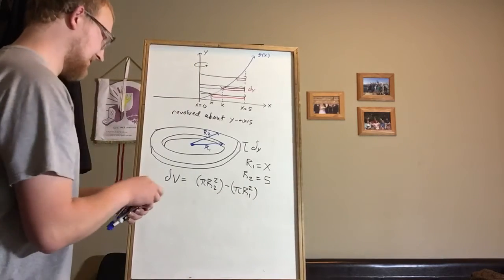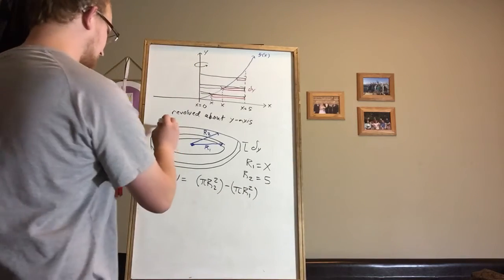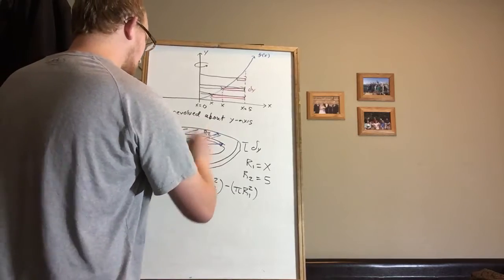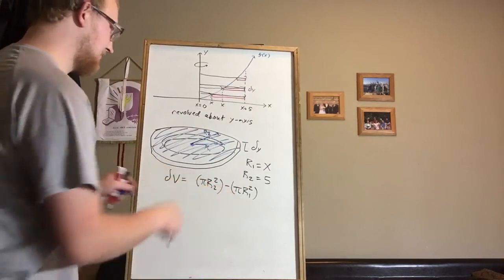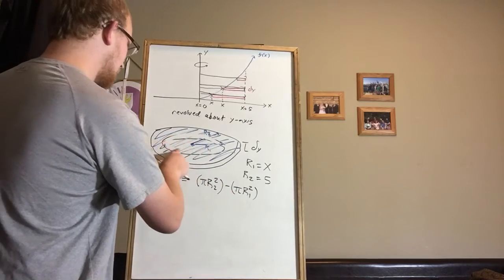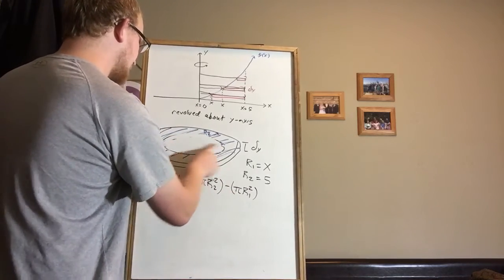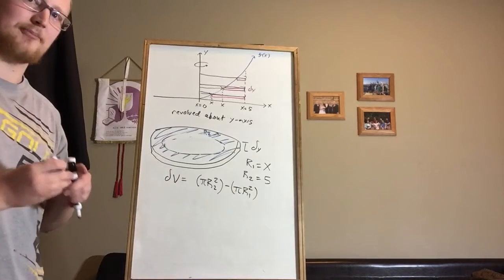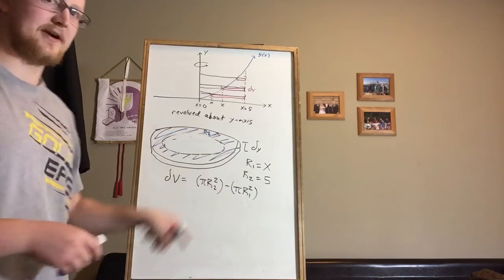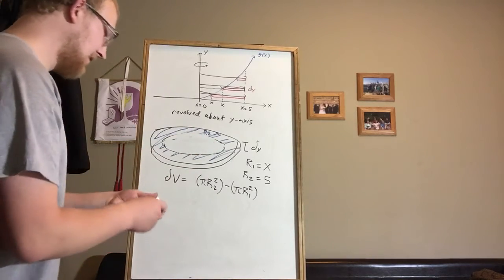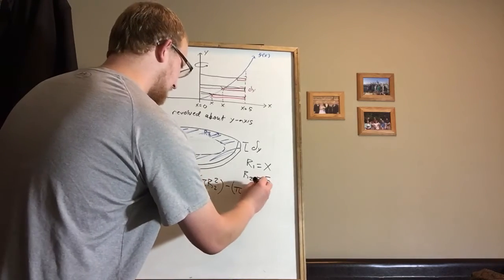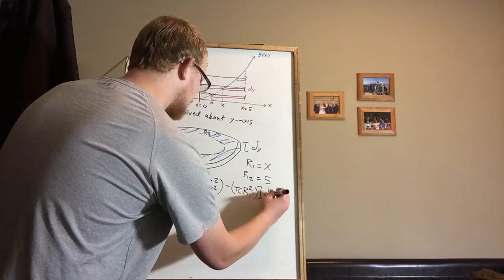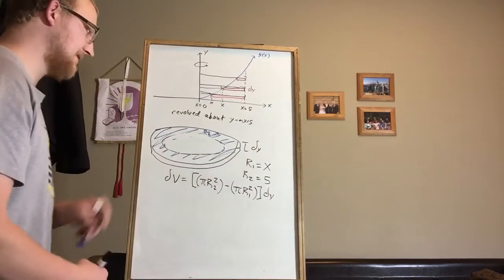When we subtracted the area of the smaller circle, we cleaned out this inner part, and we found an accurate representation of our surface area. Well, now we just need to multiply that surface area by the height, which is, of course, dy. It's still dy, the height is.